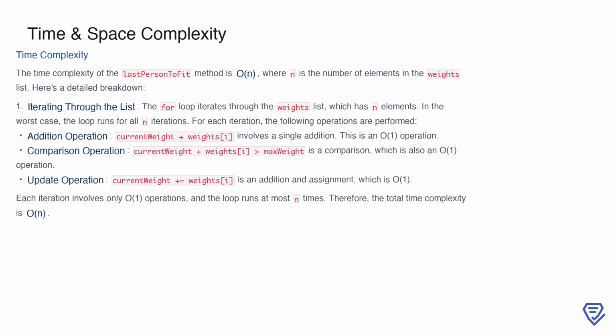Then, the comparison operation, current weight plus weights[i] greater than max weight, checks if the total exceeds the allowed maximum weight, which is also O(1). Finally, the update operation, current weight plus equals weights[i], adjusts the cumulative weight, and this too is O(1). Since each of these operations takes constant time and the loop runs up to n times, the overall time complexity is O(n).